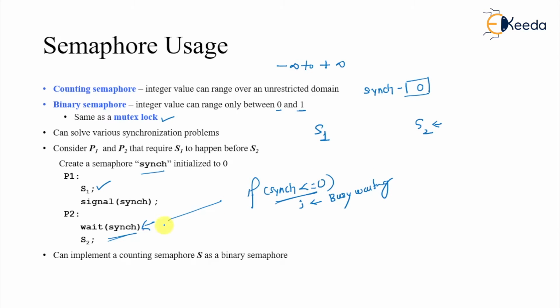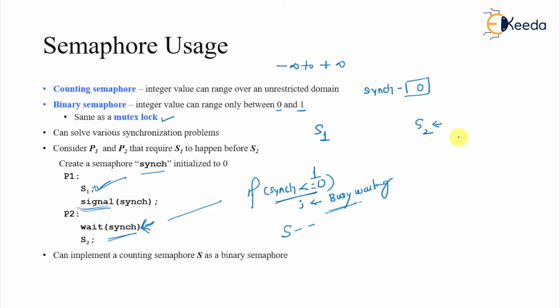So yes, it is true, and it will be stuck in the busy waiting, and S1 will be successfully executed. Then it will give the signal, increment, and make this variable 1, then it will come out of the loop, and finally it will do S minus minus, and enter into the critical section.